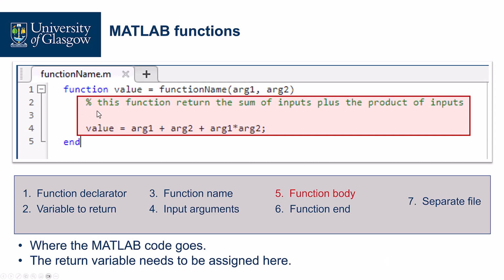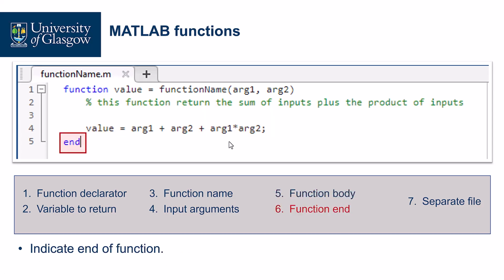We can use a percent sign to write a comment describing what this function is doing. Then we write the function content. In this function, we have two inputs, argument 1 and argument 2. We first add them and then add the product of them. With a semicolon, after executing this line, the result won't be printed out in the command window.